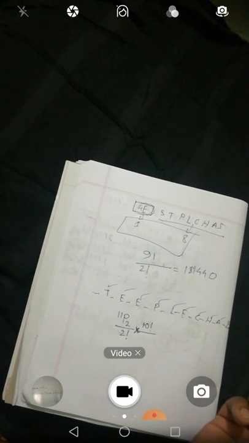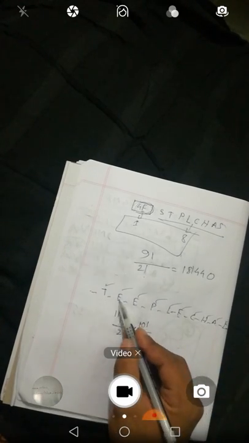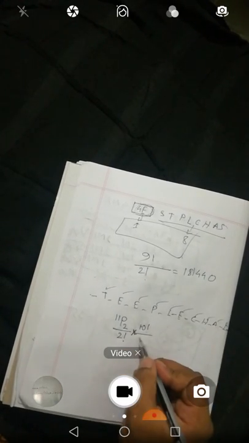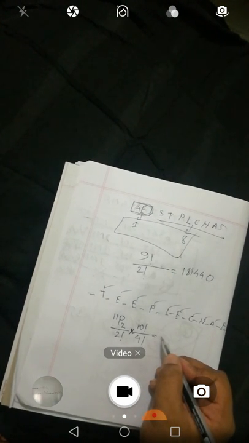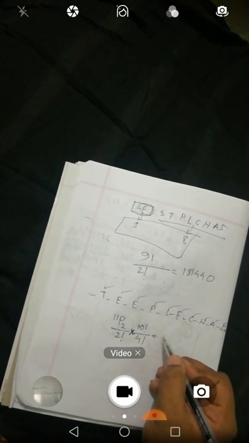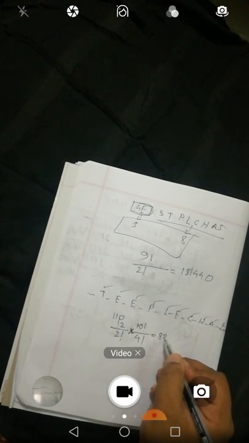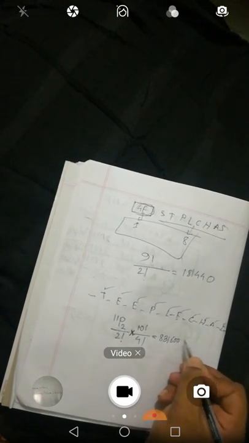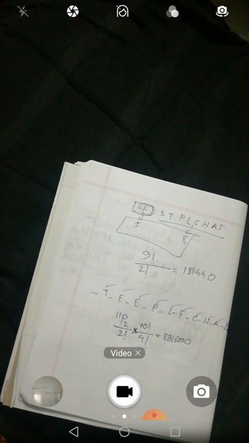These 10 letters can be arranged in factorial 10 ways, and in these 10 letters we have 1 2 3 4, E is repeated 4 times, so it will be divided by factorial 4. That would give us 8316000. This is how we have to deal with these cases.